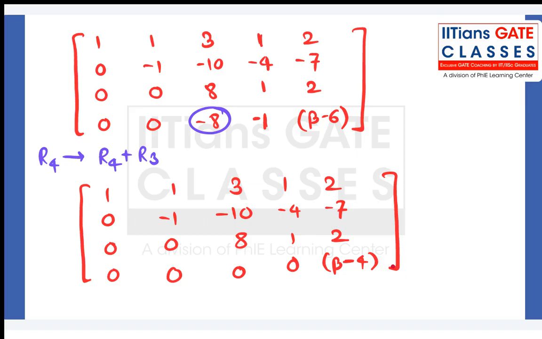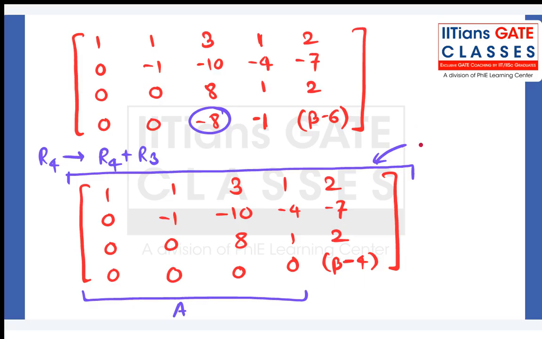Okay. And then what you do? Now you check. See, the first 4 columns represent your coefficient matrix, right? The whole thing is your augmented matrix. That is what we are doing. But the first 4 columns represent your coefficient matrix. Okay. So now depending on the rank of these things, you have to make a deduction.